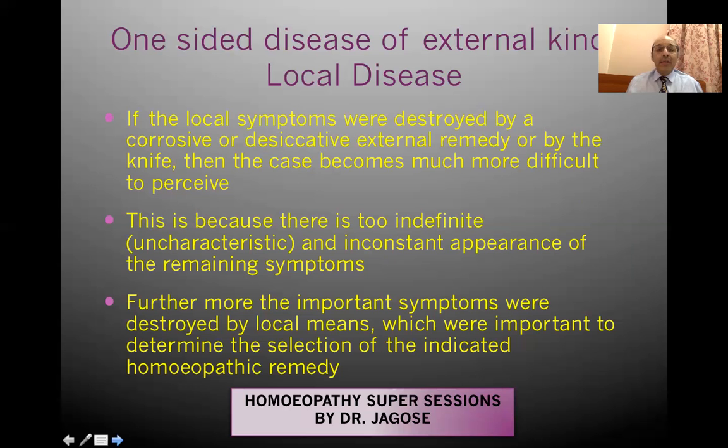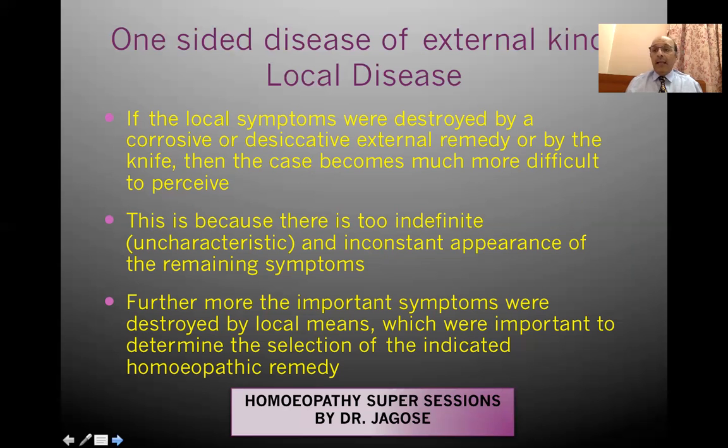And then naturally, the case becomes much more difficult to perceive. Why? Because there are basically no lesions on the external part of the body. And at present, the patient enjoys a so-called healthy state of life. This is because of the too indefinite or uncharacteristic and inconsistent appearance of the remaining symptoms.